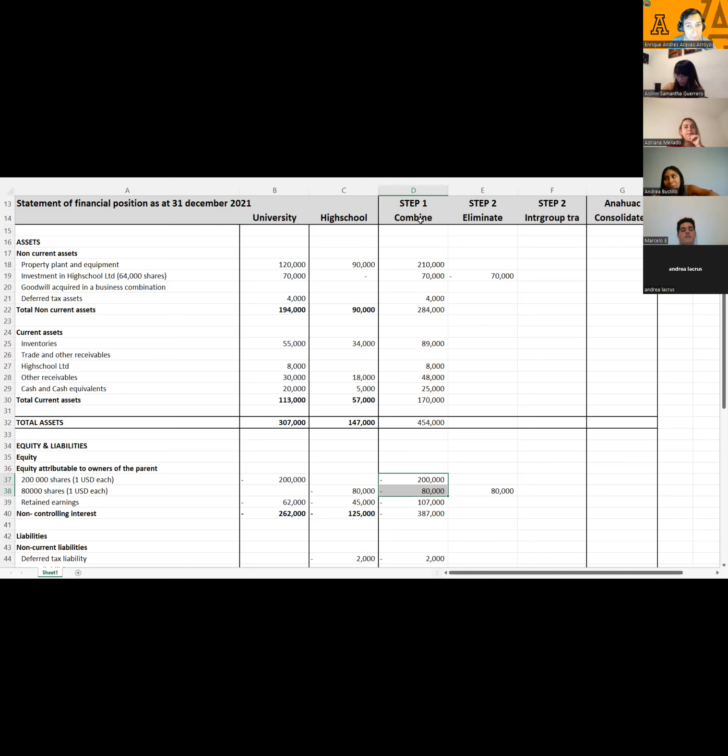If you show it like this in just this step, and you're showing 70,000 more of investment, while you are the owner in one and the owner in the other. So it's not like you're really investing. I think I get it. It's like eliminating the double counting of equity. Exactly, because at the end, now you are the owner of high school because you gave them that money. Okay.